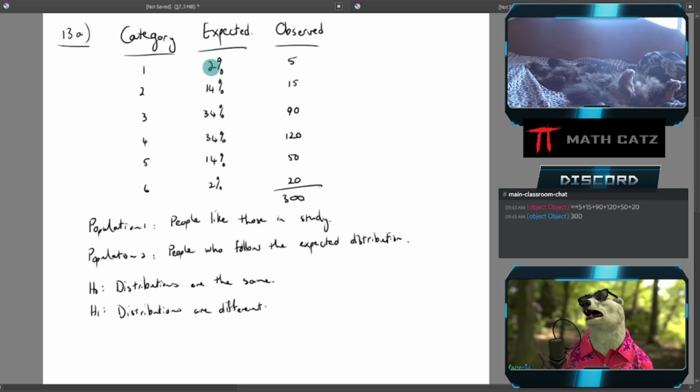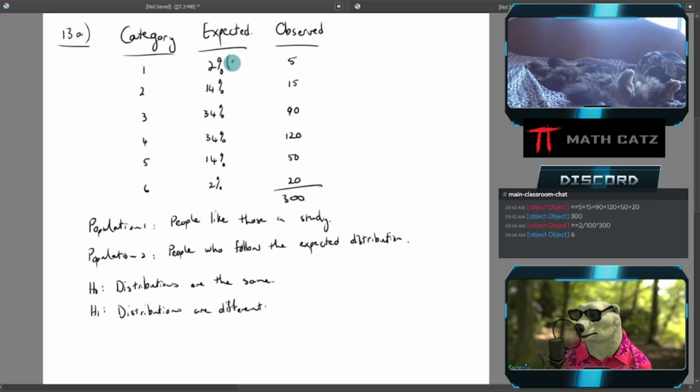If I then look at, well, 2% is expected for category 1, 2% of 300. Let's do that. So it's the classic 2 over 100 times 300, or just 0.02, convert the percentage. So then here expected would be 6.